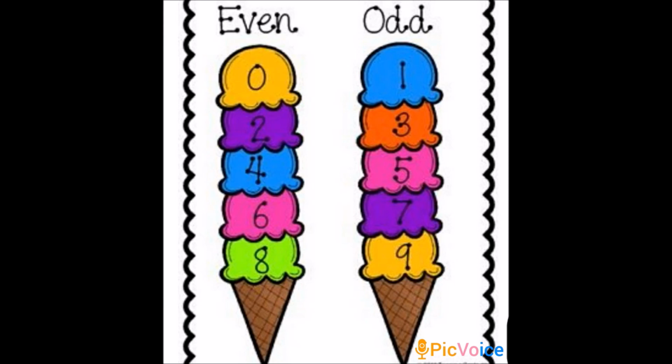So all these numbers come under even numbers. Now move on to the odd numbers. See here in odd numbers, they end with 1, 3, 5, 7, 9. Okay children, so if this number comes, that is called an odd number.